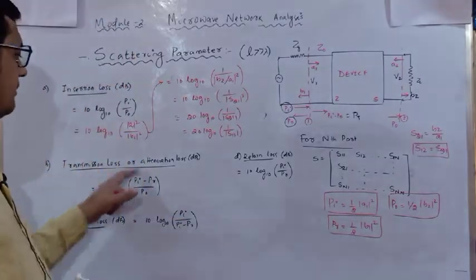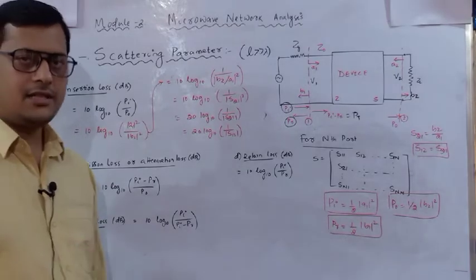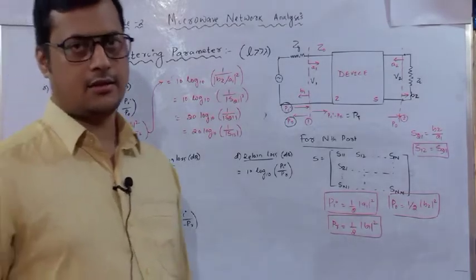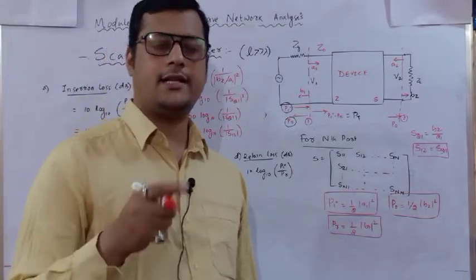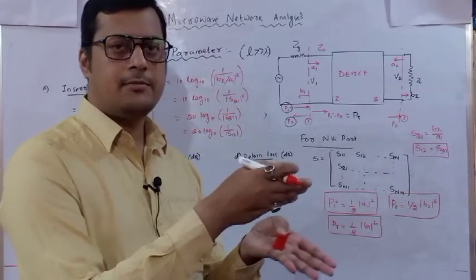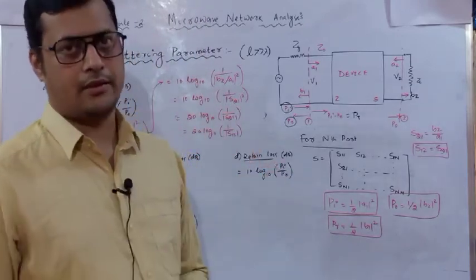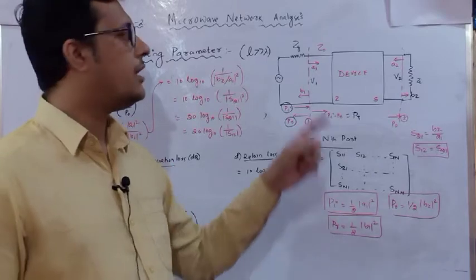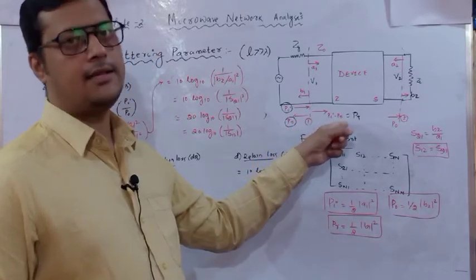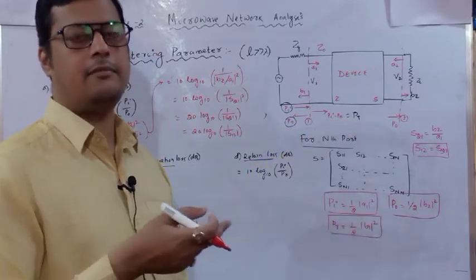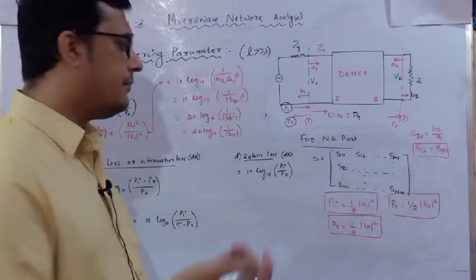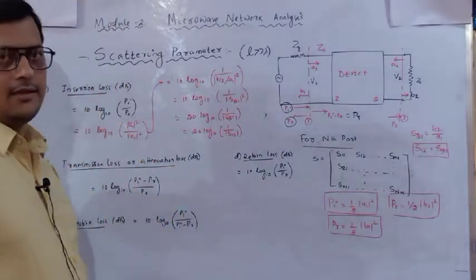Next, what is our transmission loss? Transmission loss or attenuation loss. First of all, the ratio will be the power transmitted divided by the output power. Power transmitted is how much? Input power minus reflected power, divided by the output power. You will get your attenuation loss.